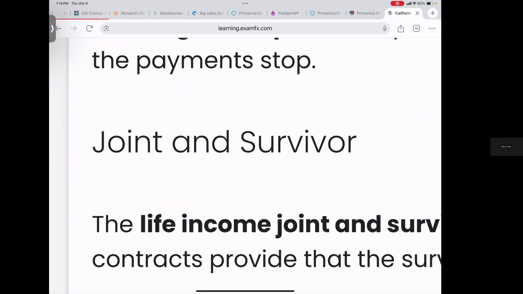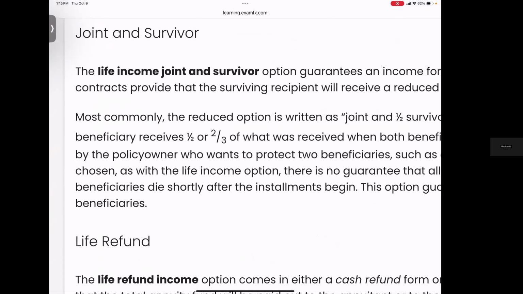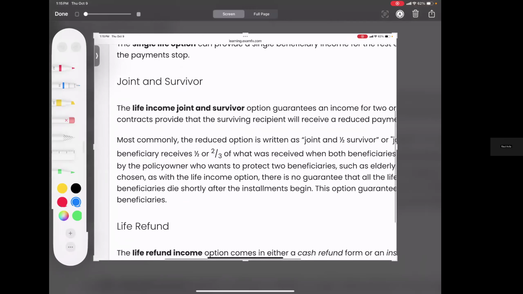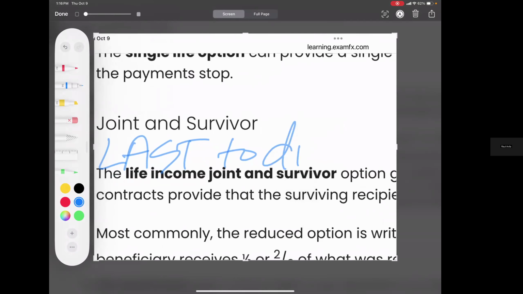Or for two or more, it's called joint or joint and survivor. So what do you remember about joint and survivor? Survivor covers both, but only pays when both of them die. There you go. They call it last to die. In other words, when they both die. Joint life is what?